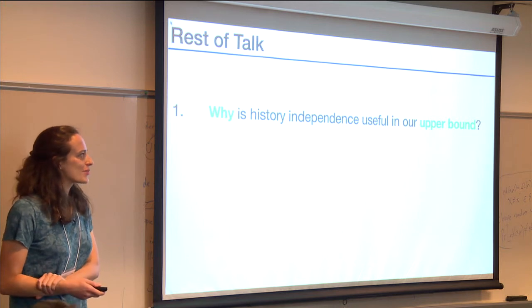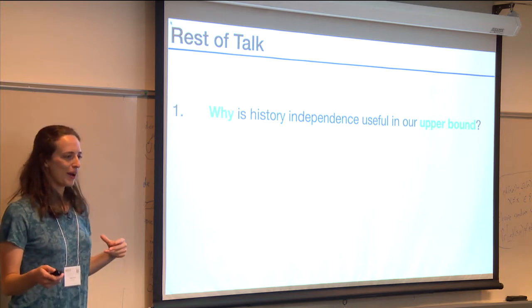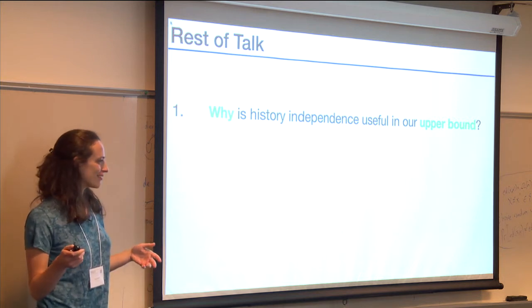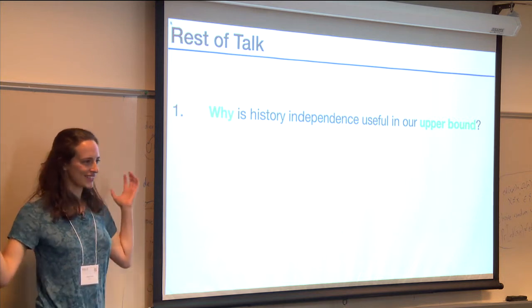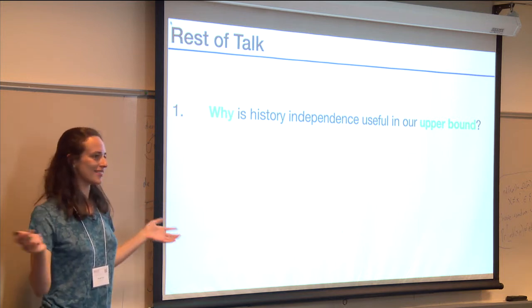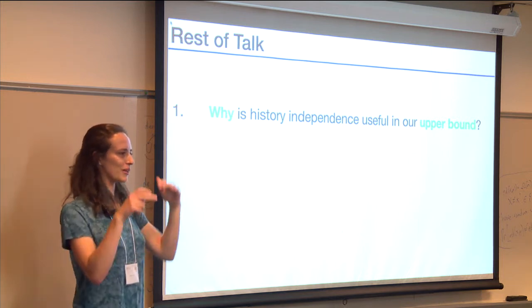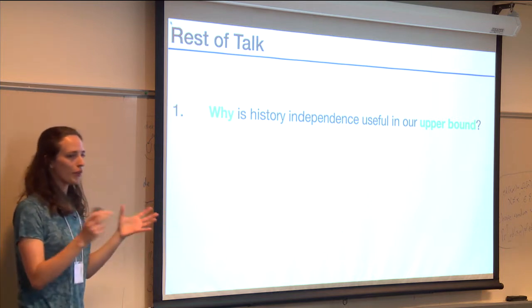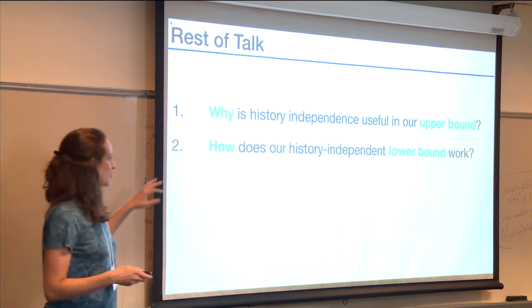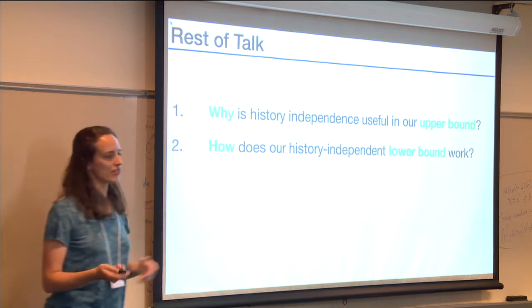And I hope that this will also motivate why it might be interesting to study history independence from a lower bounds perspective, because if history independence is a useful tool in algorithms, we might wonder what the limits of history independent algorithms are, and therefore whether we can prove lower bounds on the family of history independent algorithms.